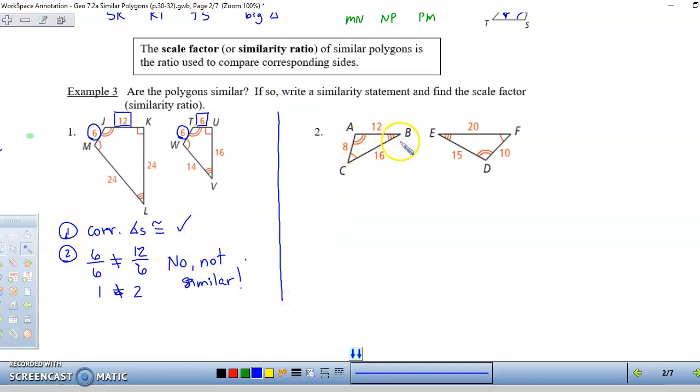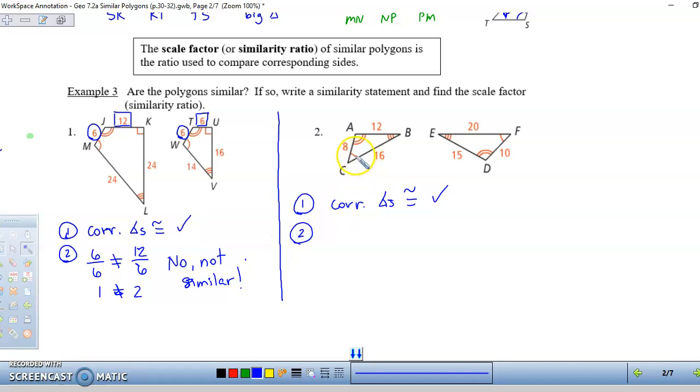Okay, the next one. Again, we have markings in the angles. This angle is congruent to this one. This D is congruent to A, and then B is congruent to E. So we have that part taken care of. Corresponding angles are congruent, check. Okay, and now we're going to check on corresponding sides.